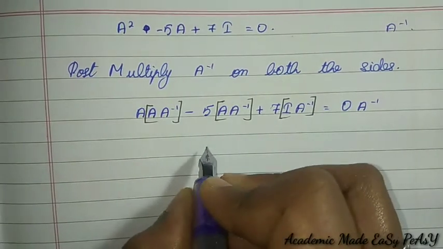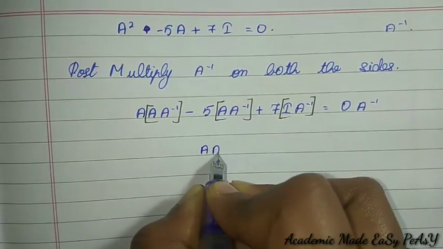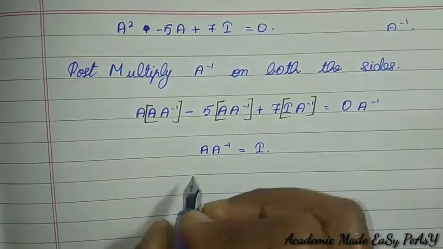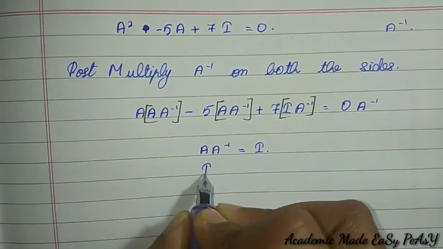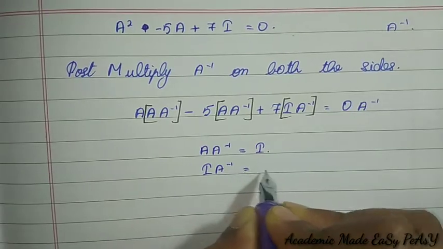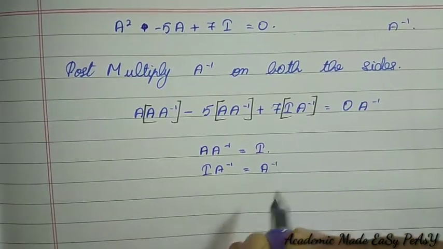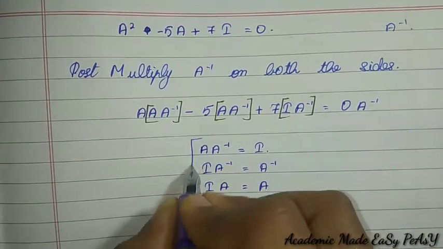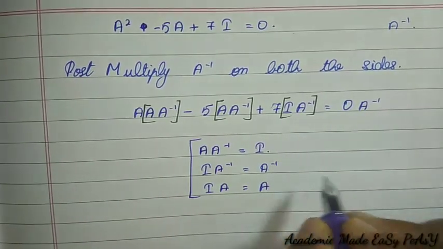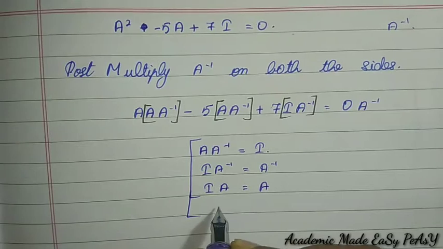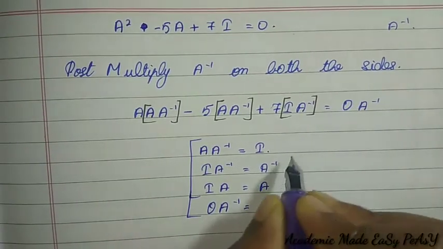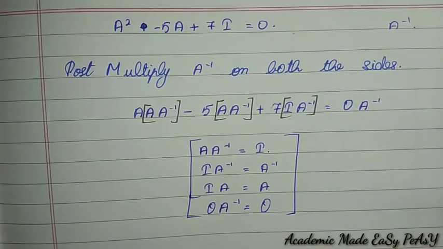Okay, so now what all properties we'll be using, already we have learned these properties in the introduction part. So A into A inverse is equal to I, and I into A inverse is equal to A inverse. I into A is equal to A. So these are the properties we will be using, and one more is that 0 into A inverse is equal to 0 matrix only.